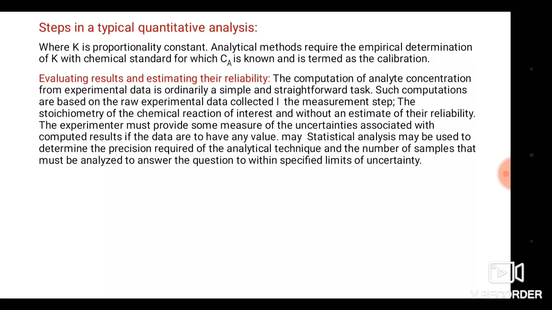It means the results are uncertain. It is not a 100% confirmed result, but the analyst must show the result with some uncertainty, in the statistical analysis, or some reliability.